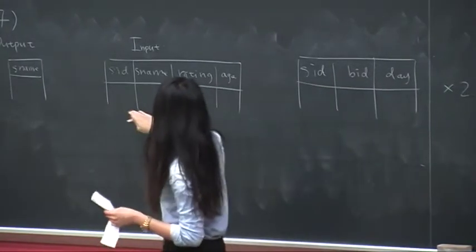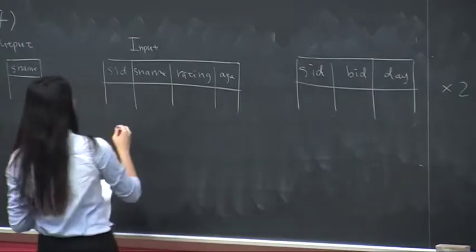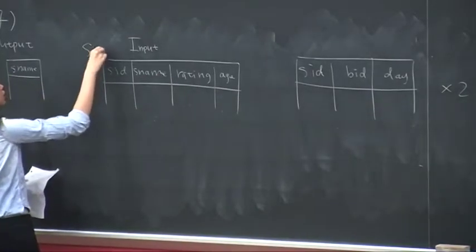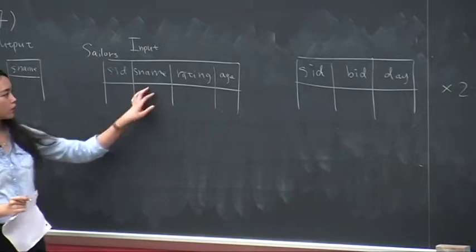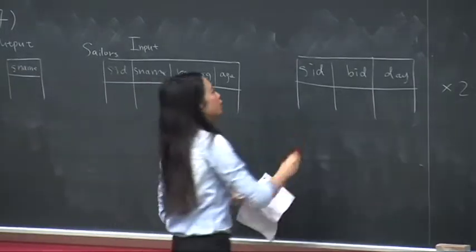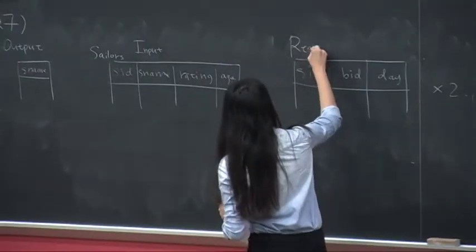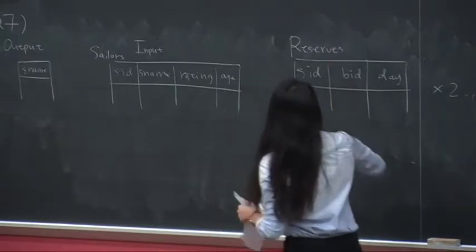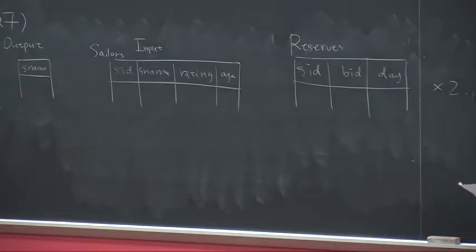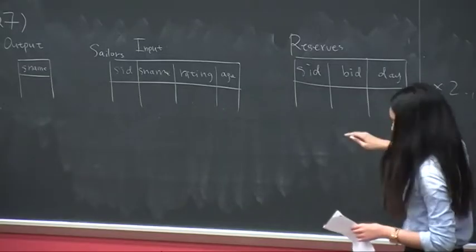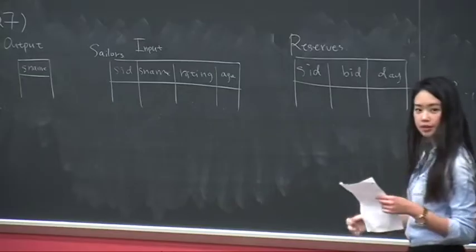Okay, so let me say it again. The input, we take it from sailors. Reason being, we want the S name. Another 2 inputs are both from reserves. Reason we need 2 is because we want to see which sailors have reserved at least 2 boats. And we want to make sure we can compare the BIDs are different.